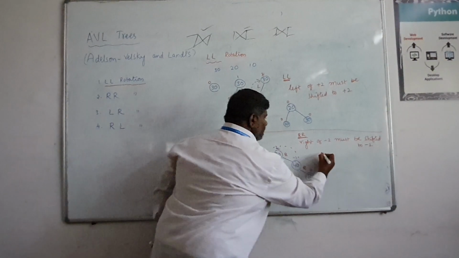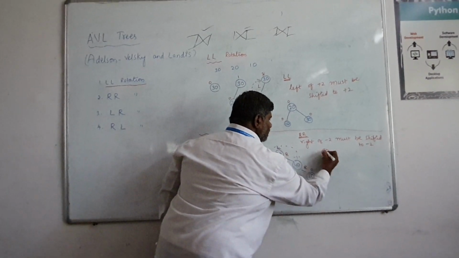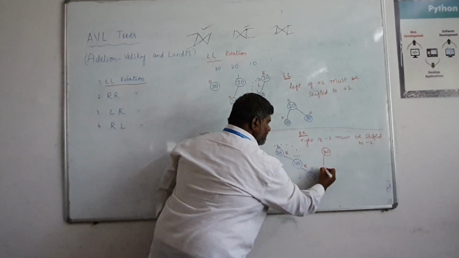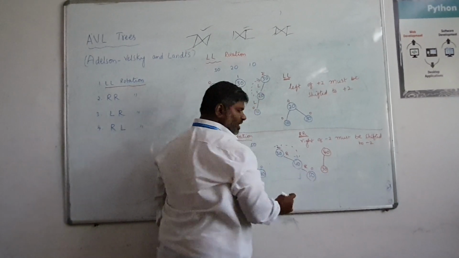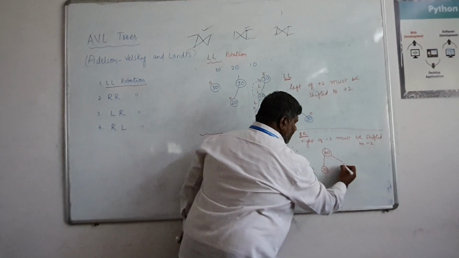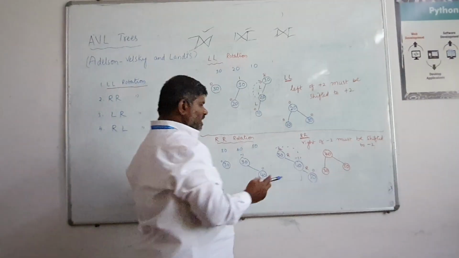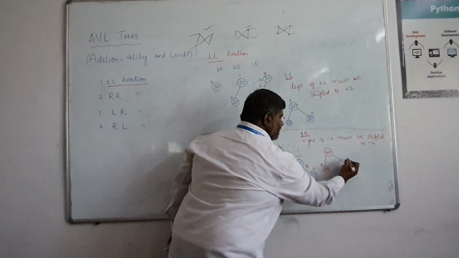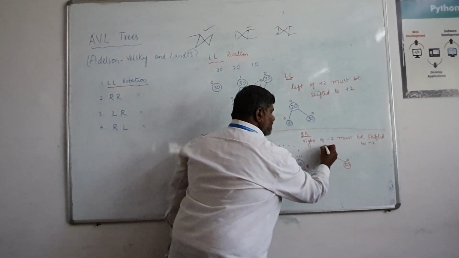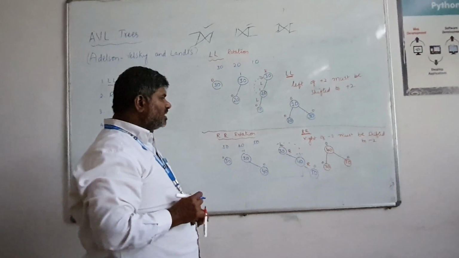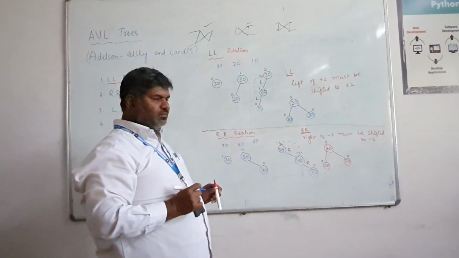Now 40 will become the root. If 40 is the root, again reconstruct. 30 is less than 40 and 50 is greater than 40. Now check the balancing factor. 0 for this, 0 for this. 1 minus 1, 0. This is RR rotation.